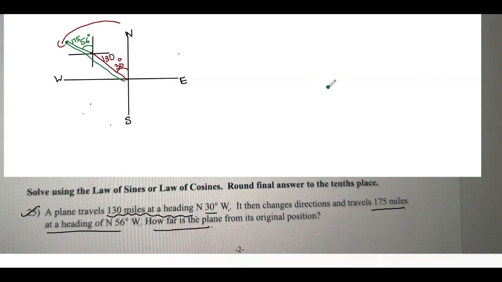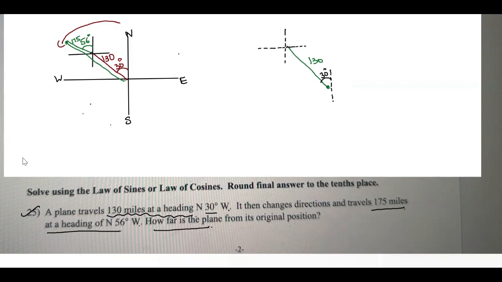So you can imagine like this. Maybe the starting point is here, and thereby we make 130 miles. From the north direction, it is making an angle of 30 degrees. And here we make one more north direction and south direction like this.